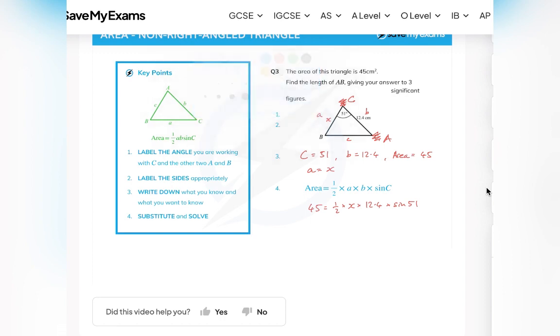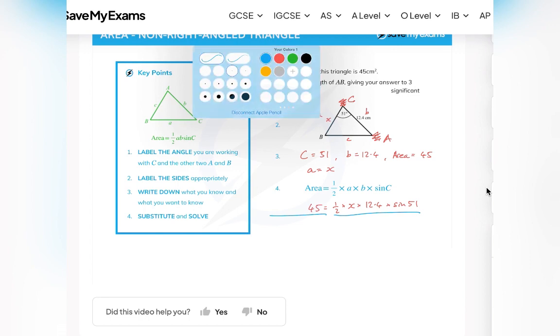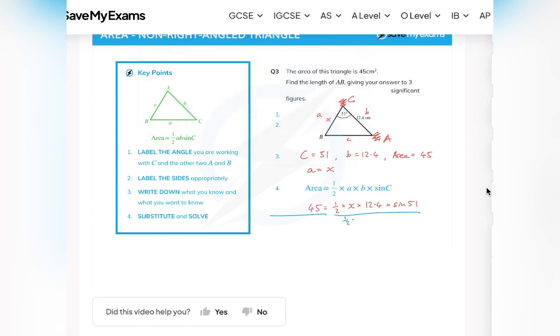And I want to get the x on its own, so I just divide by all the things multiplied by it. And the things that are multiplied by it are the half, 12.4 and sine 51. So I'm dividing by a half times 12.4 times sine 51, and I do that on the other side as well.